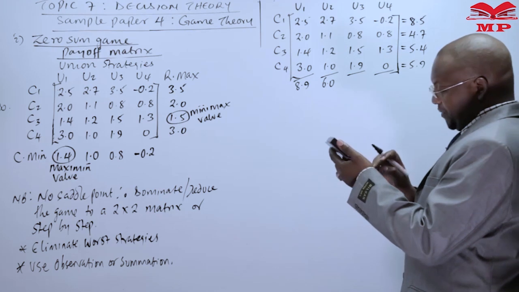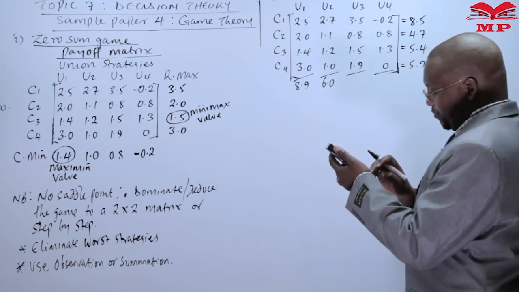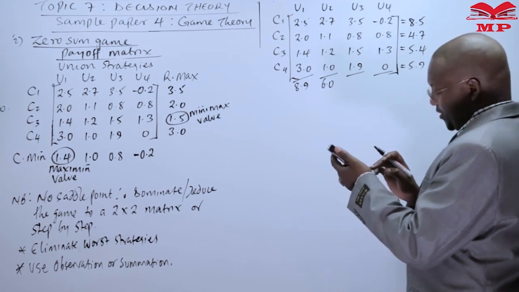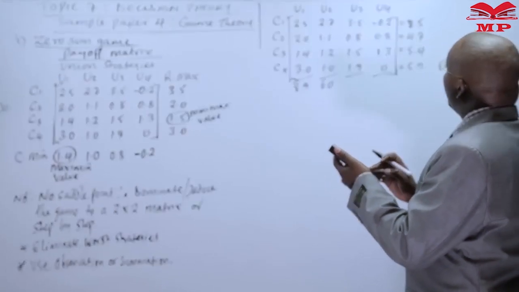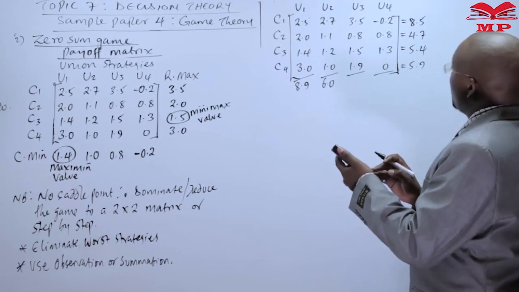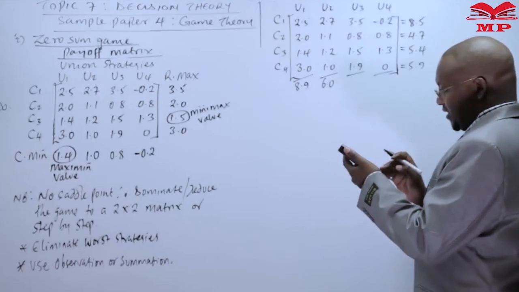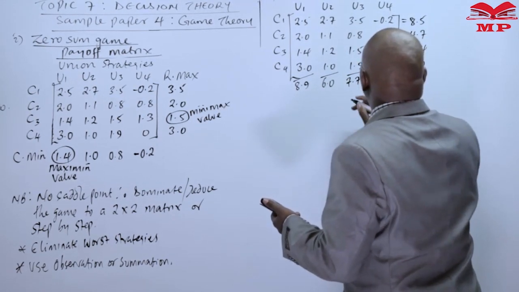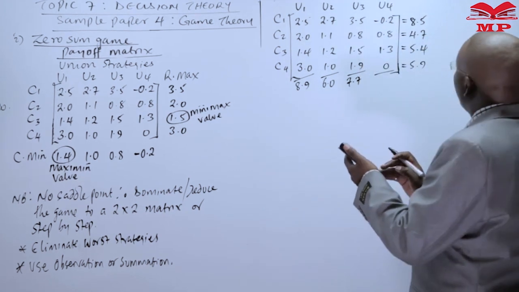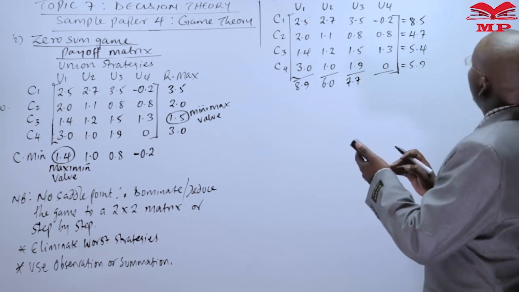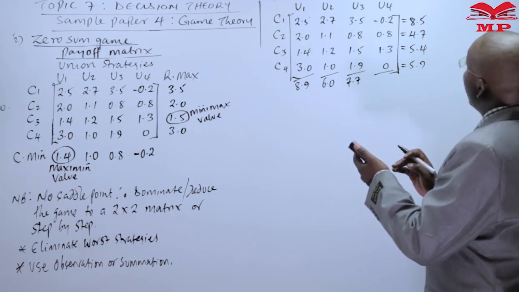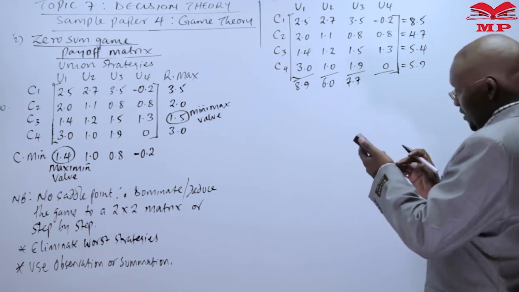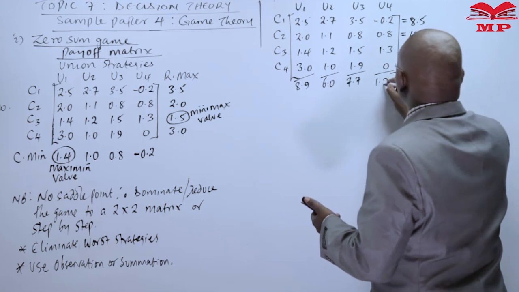Then you have 3.5 plus 0.8 plus 1.5, sorry, plus 1.9. This is giving us 7.7. And the last one is minus 0.2 plus 0.8 plus 1.3. That will give us 1.9.